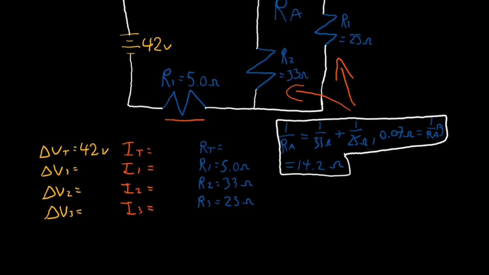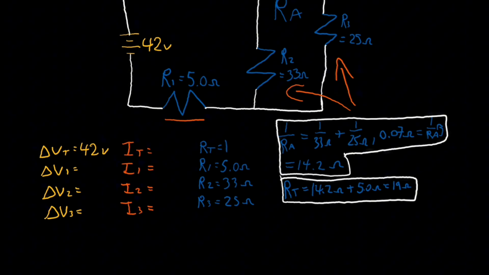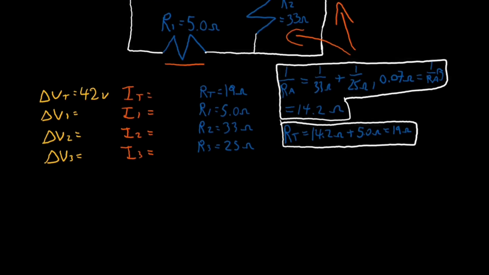And now to find RT, we add this 14.2 ohms to R1, which is 5 ohms. And rounding to 2 significant digits, we get 19 ohms for RT. Now that we have the total voltage as well as the total resistance, we can find the total current. And so IT equals 42 volts divided by 19 ohms, which equals 2.2 amps.